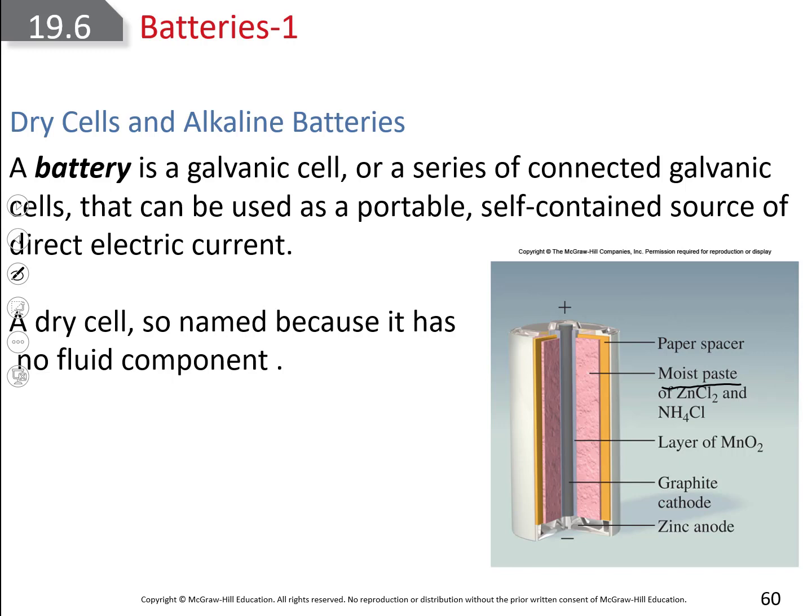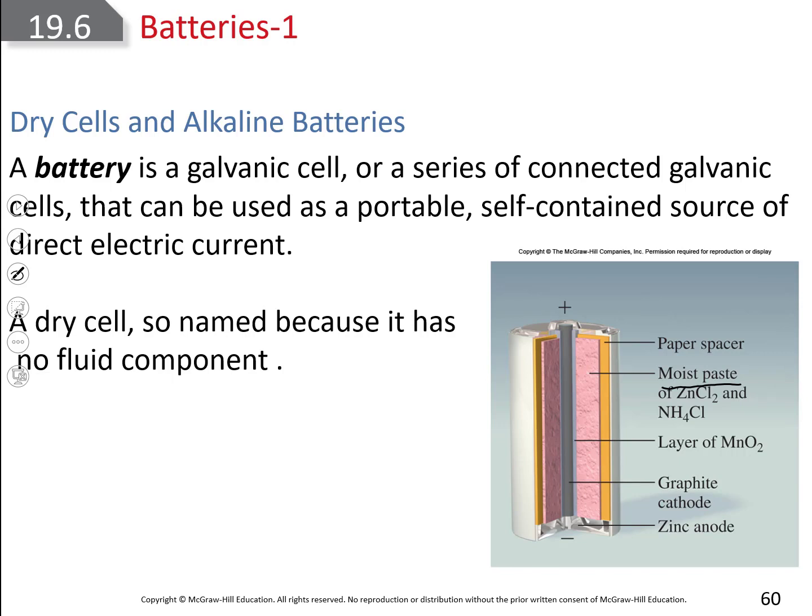So it's called dry cell because there's no actual fluid, but there is technically moisture in there, which means when batteries go bad, they corrode and they tend to leak. That stuff coming out is the moisture from inside the battery. So although it's called dry cell, it is still technically moist on the inside. So that enables us to have it self-contained like that.